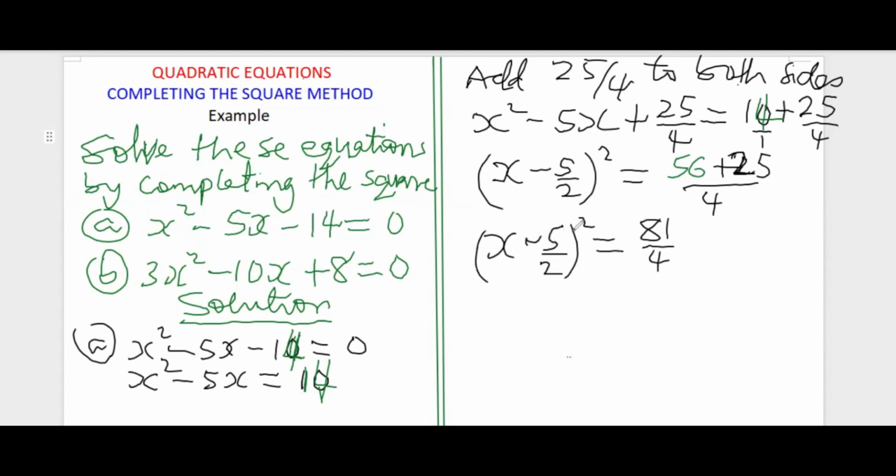To solve this equation, you want to remove this square, you introduce square root on both sides. Square root will cancel this square, and you have x minus 5 over 2 equals to plus or minus square root of 81 over 4. Now, the essence of this plus or minus at the back of root is that if I have square root of 9, this implies that what two numbers multiplies itself to give 9.